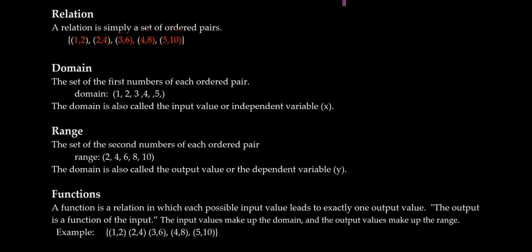Next is the domain. A domain is the first number of each ordered pair. As you can see in the above example, 1 is the first number of this pair, 2 is the first number of this pair, 3 is the first number of this pair, 4 is the first number of this pair, and 5 is the first number of this pair.